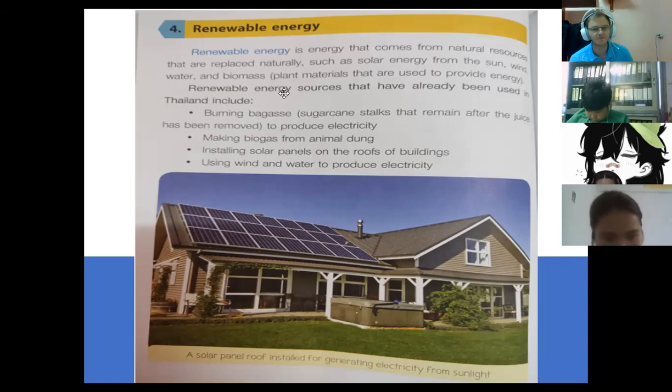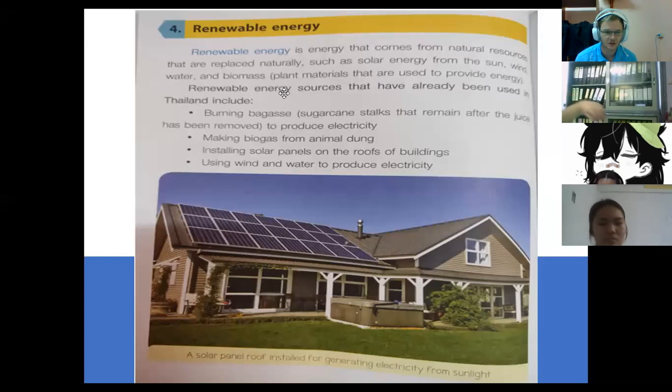Renewable energy is energy that comes from natural resources that are replaced naturally, such as solar energy from the sun, wind and water energy, and biomass, plant materials that are used to provide energy. Renewable energy sources that have already been used in Thailand include burning bagasse, which is sugarcane stalks that remain after the juice has been removed, to produce electricity.